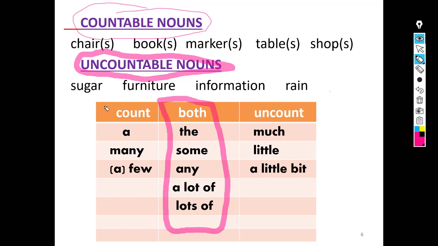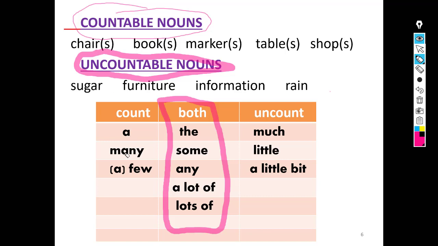But teacher, what can we use for the countable nouns and uncountable nouns? We can use a, many, a few for the countable nouns. So if you have got only one for the countable noun, okay, I have got a chair in my office, for example, we can say.